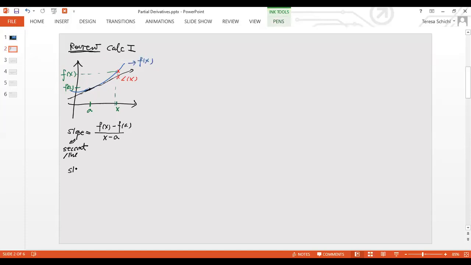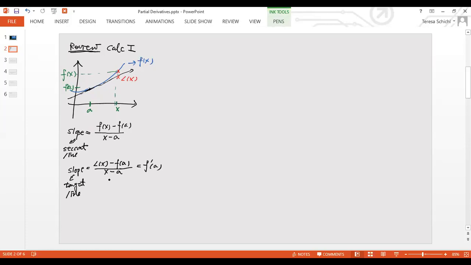What is the slope of the tangent line here? It will be L of x minus f of a, over x minus a, right? So for any point in here, I call this L of x. What is the slope of the tangent line? It is f prime of a, right?